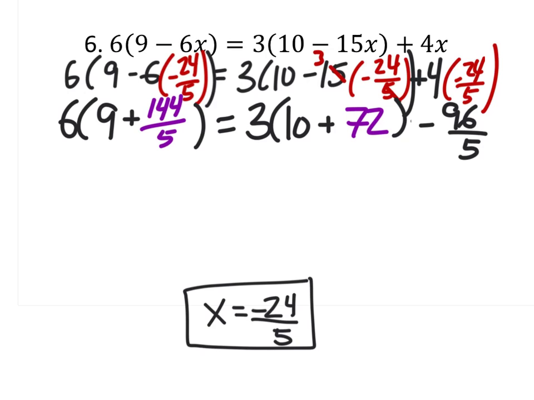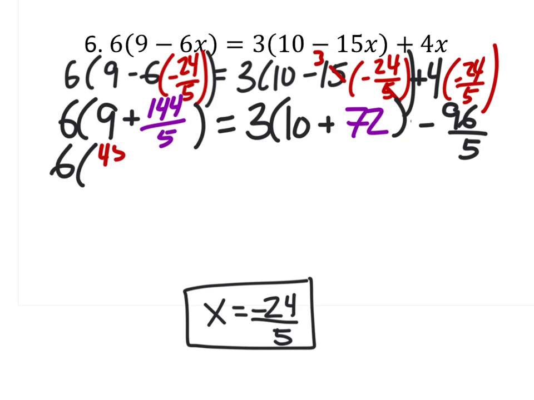Okay. I know there's some big fractions in here. Don't be intimidated. You can use a decimal if you choose. But just make sure that you use the correct decimal if you're going to do this. If it's repeating, you may want to use the fraction instead. So I'm going to rewrite this using, inside the parentheses, a common denominator.